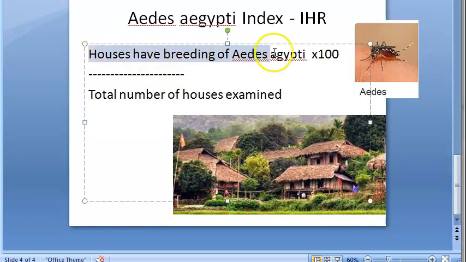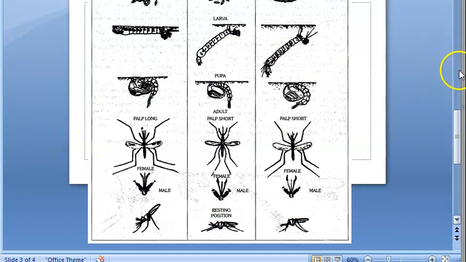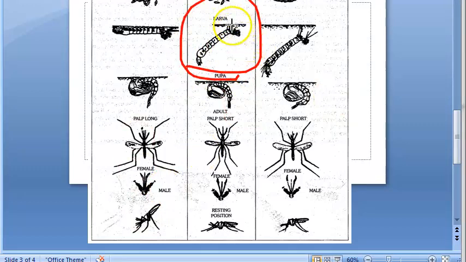If you go to a house and want to know whether it has breeding of Aedes aegypti, you will see the larva in the water. You can see that it is below the surface because of the siphon tube. If you see the larva, then you know that it is Aedes, and that it is a breeding place.